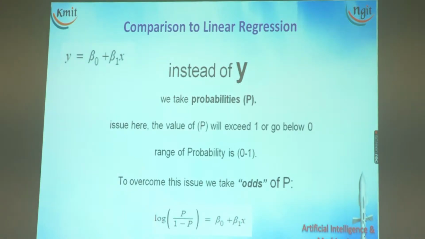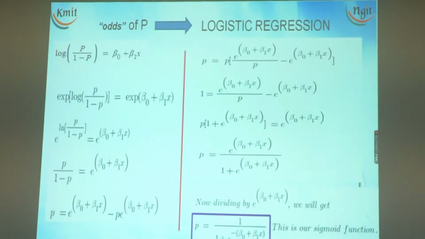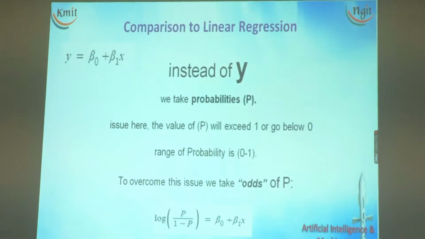Next, what is the regression? Y is equal to beta naught plus beta 1 x is your straight line equation, which is converted into a logistic regression. Can we convert directly? No. We need to take the probabilities of your regression.